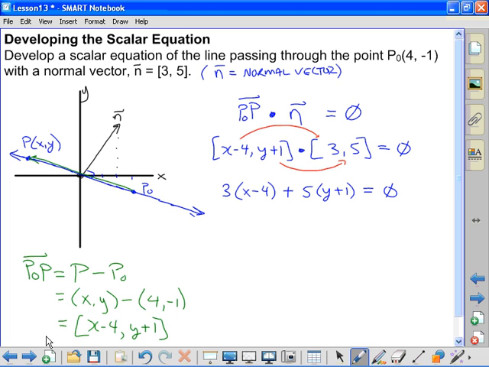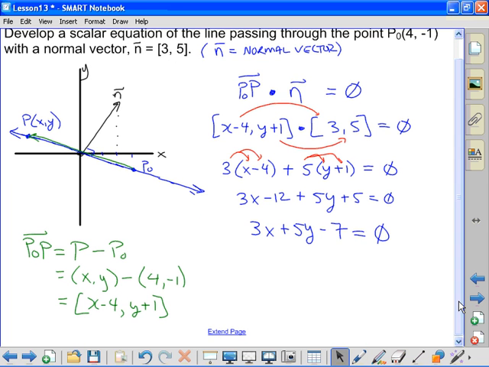Cleaning this up, getting rid of the brackets and collecting like terms, going back to grade 9: 3x minus 12 plus 5y plus 5 equals 0. So 3x plus 5y minus 7 equals 0. There's our final answer.